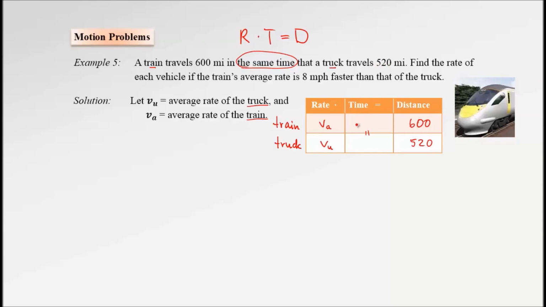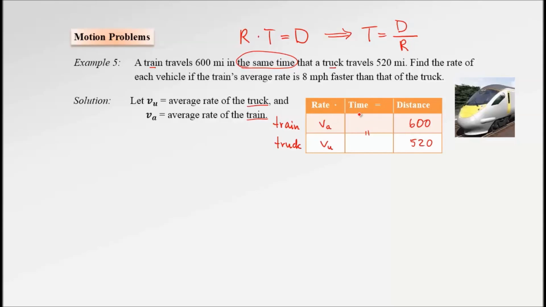So how can we figure out the expression for the time of the train? Well, let's follow the formula rate times time equals distance. Therefore, if we solve for time, the time would be the same as distance over rate. We divide by rate, right? So the distance column divided by the rate column.